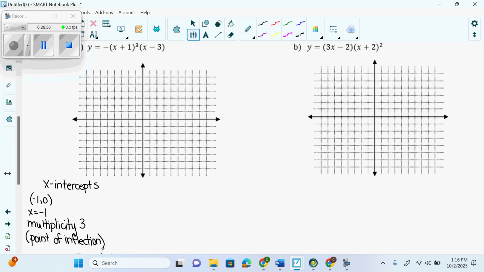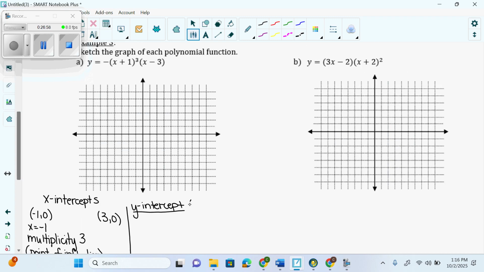Kind of. Give you that. And then we have 3 and 0. What is my y-intercept? How would I figure it out? x equals what, guys? 0. So I could go y equals negative 0 plus 1 cubed, 0 minus 3. y equals 3.